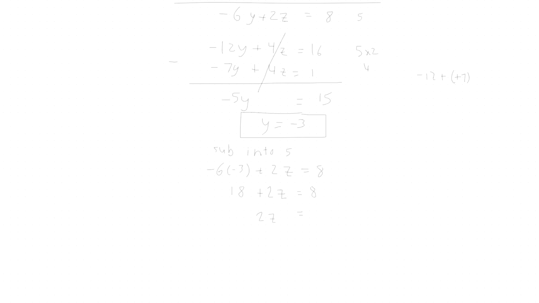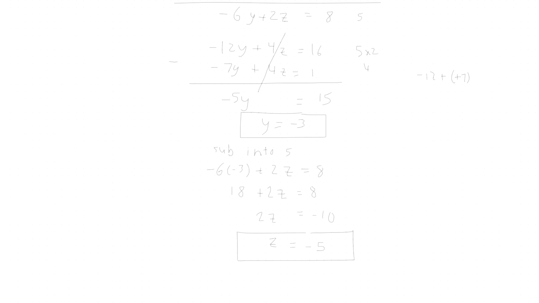That's 18. 18 plus 2z equals 8. We subtract 18 on both sides, so this side will just have 2z. What's 8 minus 18? Negative 10. And negative 10 divided by 2 is negative 5. So there's your z.